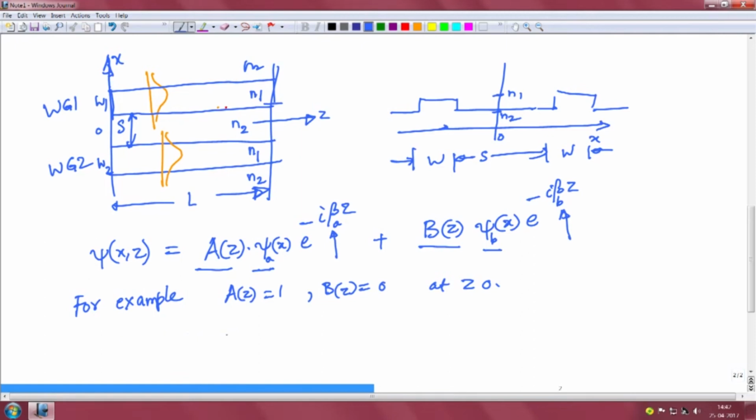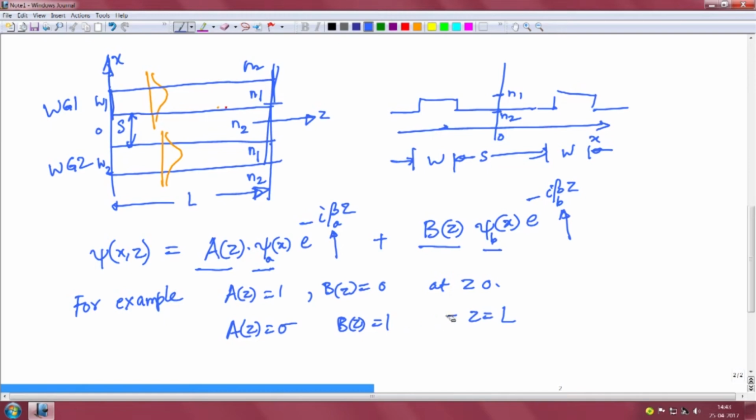Similarly, at the end of the waveguide, if A of z equals 0 and B of z equals 1 at z equal to L, it implies that the whole power has transferred into the second mode.